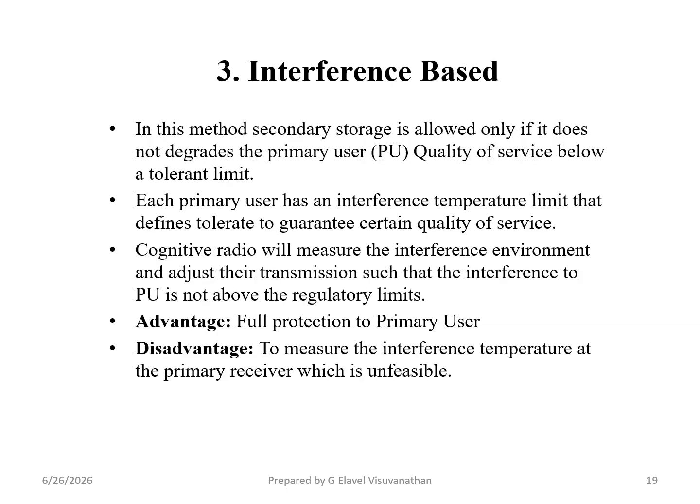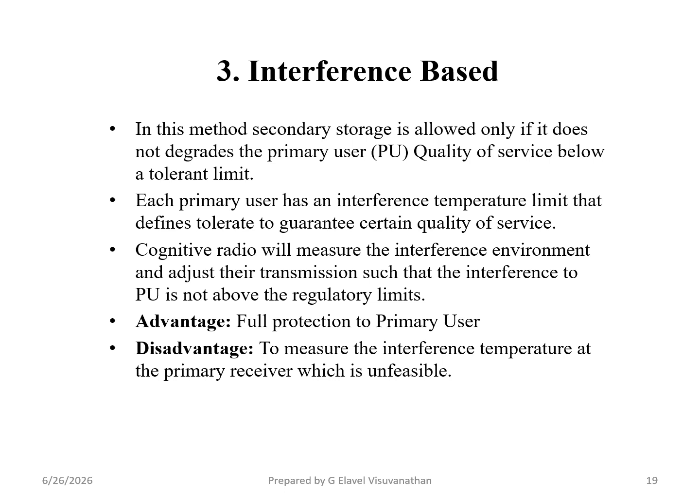Interference based. In this method, the secondary user is allowed only if it does not degrade the primary user's quality of service below the tolerance limit. So interference means that in this method the secondary user is allowed only if it does not degrade the primary user's quality of service, and it should not fall below the tolerance level.